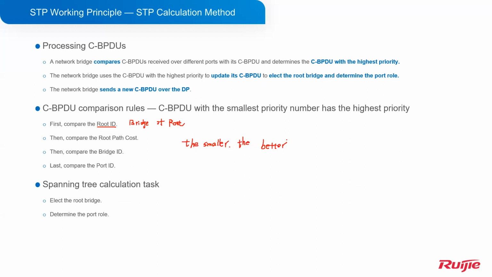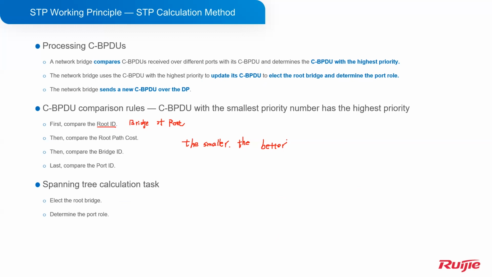So how can we determine which port can be blocked? We should first determine which port is the root port and which is the designated port. A port which is neither a root port nor a designated port can be blocked. So firstly, determine the root bridge and the port roles.